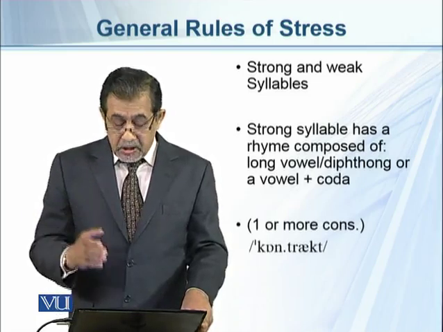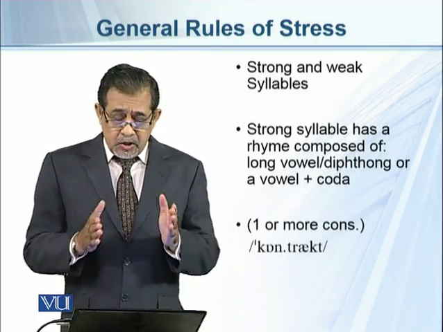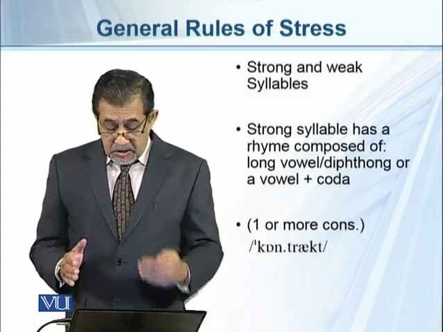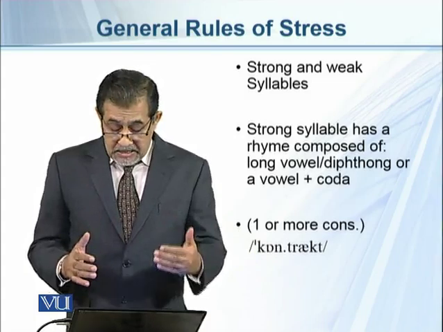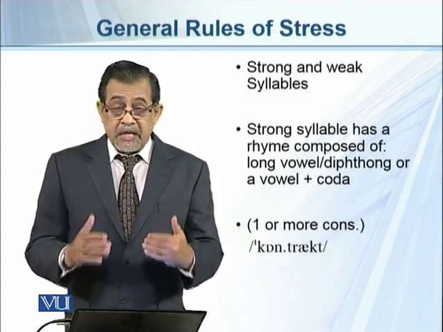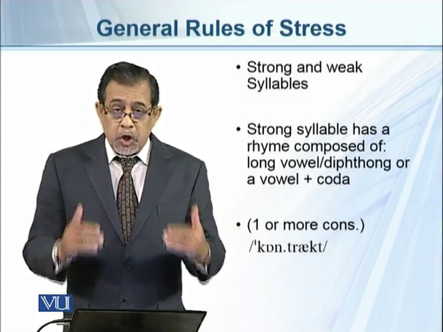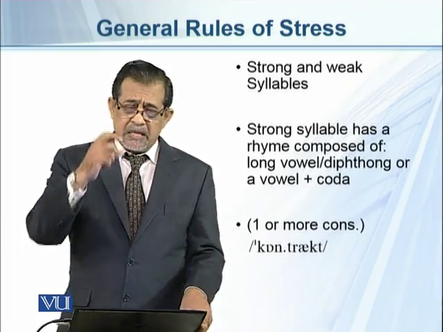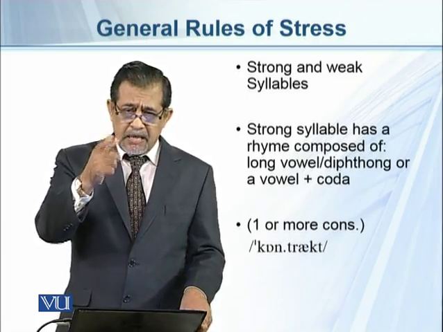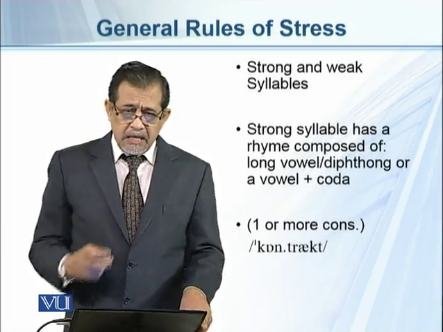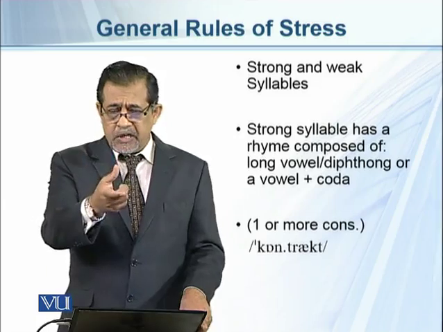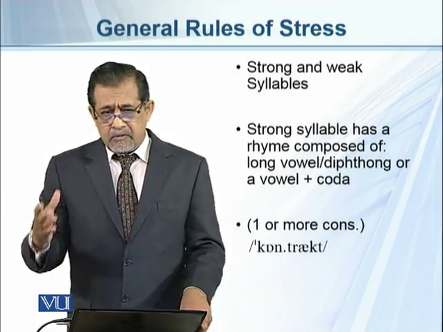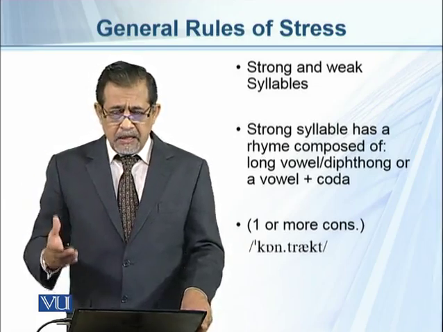For example, contract. If you look at this word, the stress goes to the first syllable, whereas this is a noun, right? Whereas in the second syllable, we have a short vowel, right? So words which are similar as noun and as verb, in such words we give stress to the first syllable in the noun and stress to the second syllable in the verb.